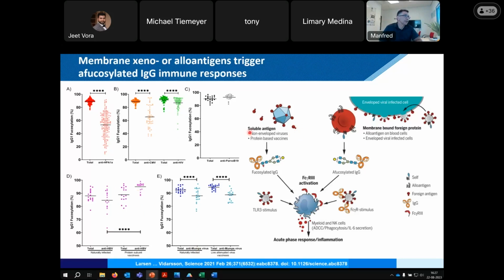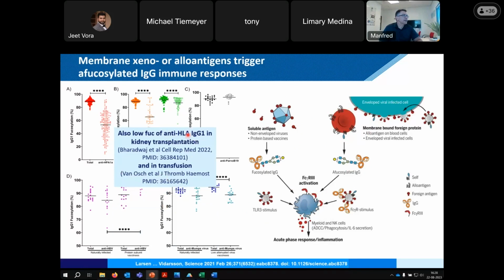Soluble antigens and capsid viruses induce a high level of fucosylation, whilst membrane-associated antigens, like for SARS-CoV-2 but also for HIV and CMV, where we have antigens in cellular and viral membranes, induce low levels of fucosylation, or at least they can do so. And indeed, this translates into different immunological activities.